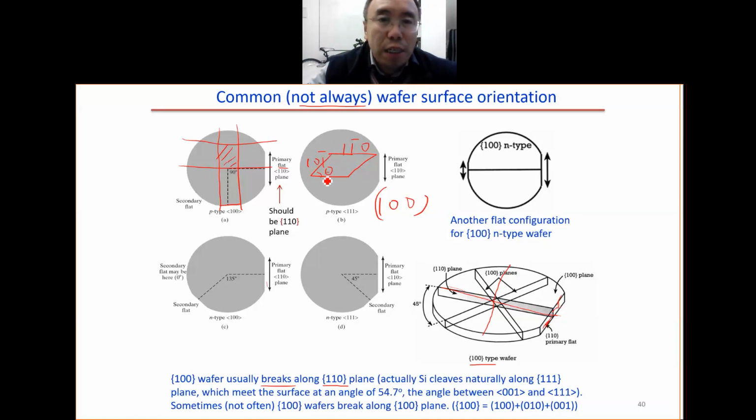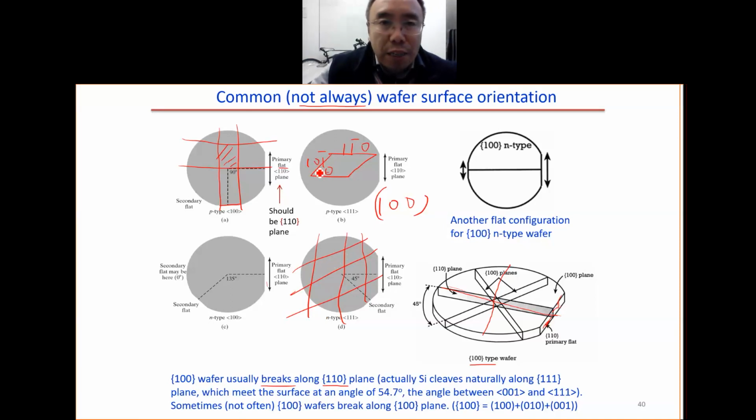Here you have 1 minus 1 0, 1 0 minus 1. It breaks along this and will not break into a rectangular shape. It will be broken into this parallelogram shape.